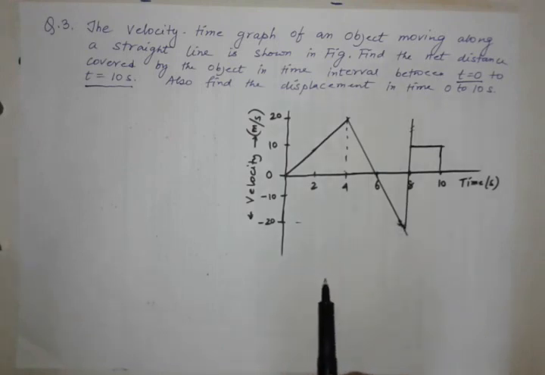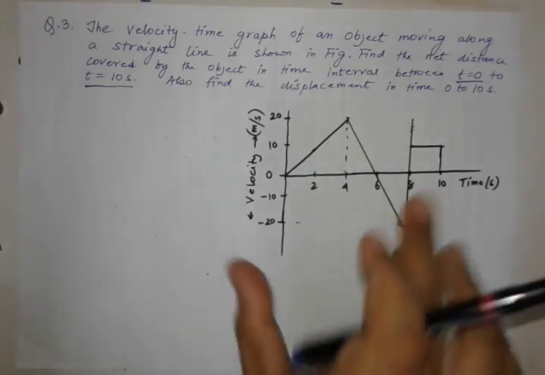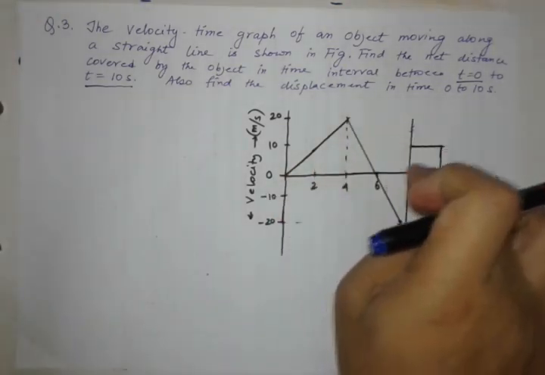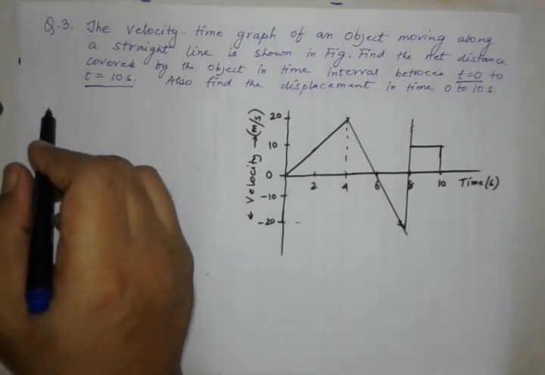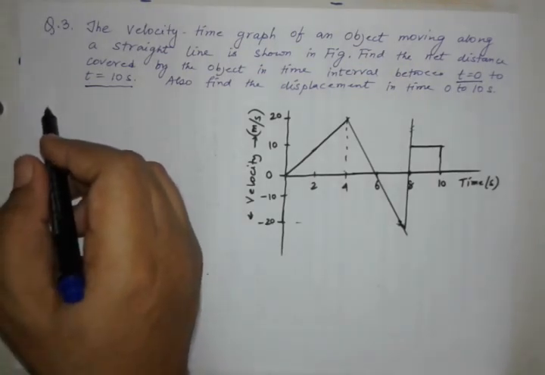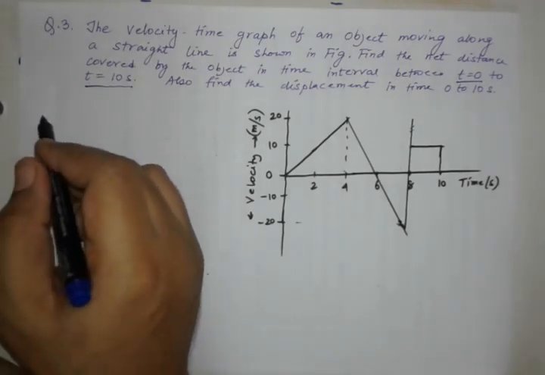Now how to find out the distance? Distance covered means you have to find out the total area of this triangle and this rectangle. Okay, you have to find out the total area so that you can find out the distance. So first one is the total distance covered in 10 seconds.